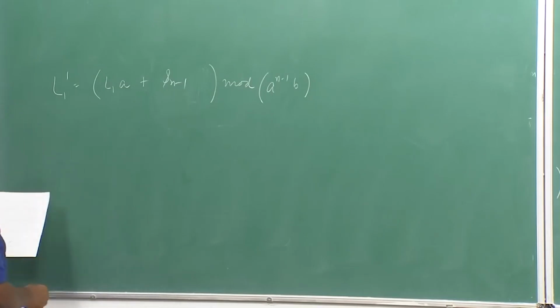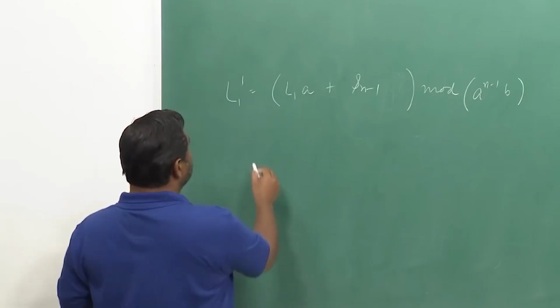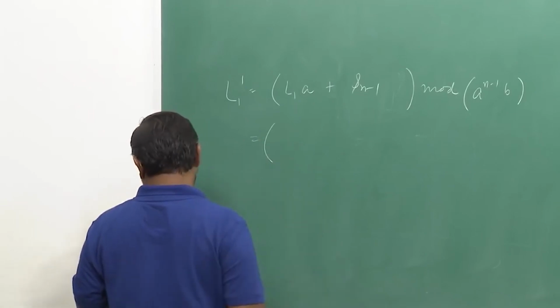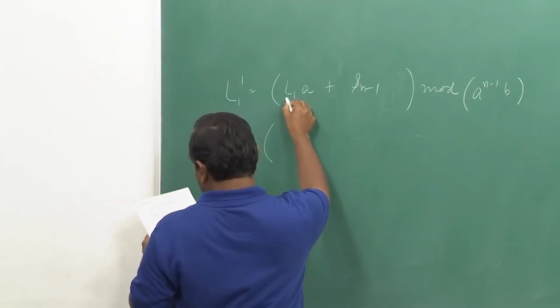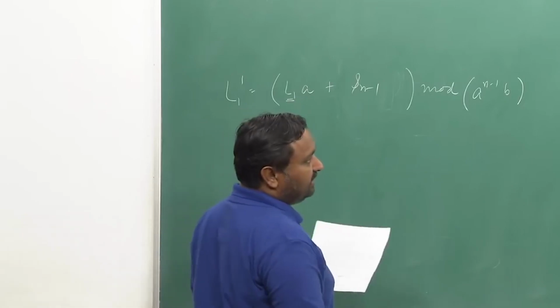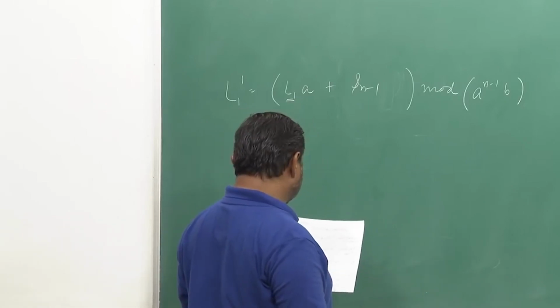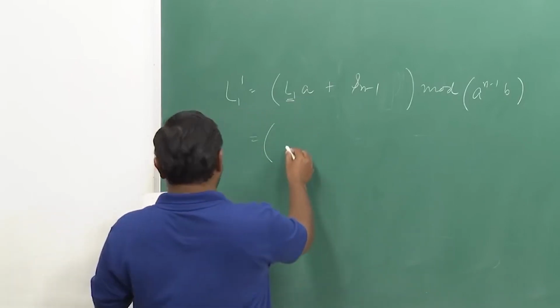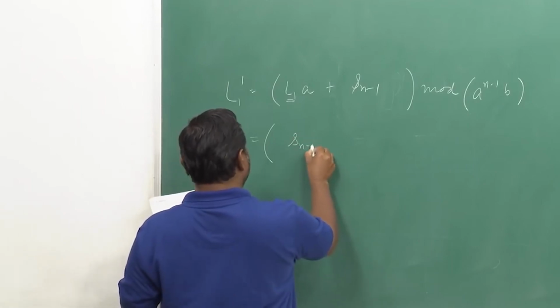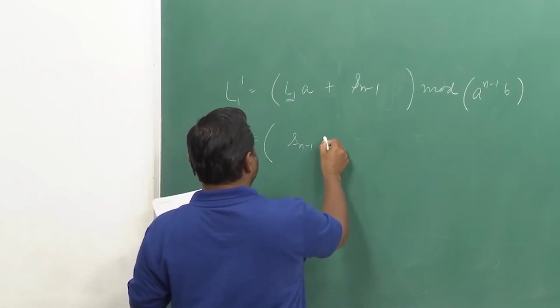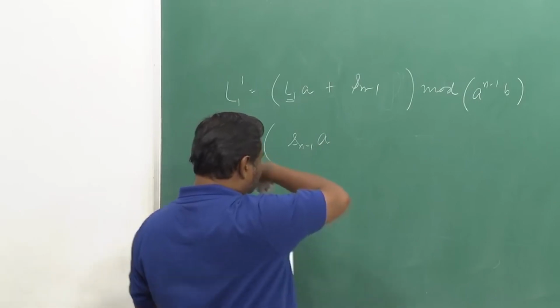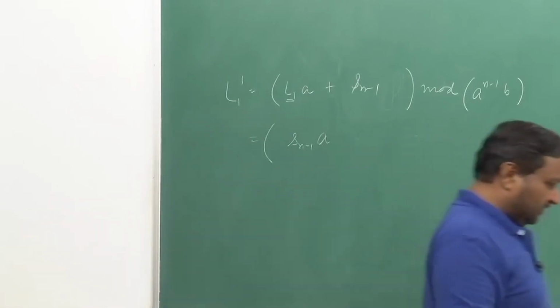So, now let us expand this particular term. L1 we had already arrived at. So, L1 will be s n minus 1 into a raised power n minus 2, that is what the L1 was.